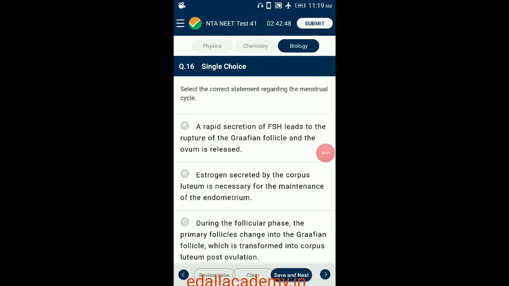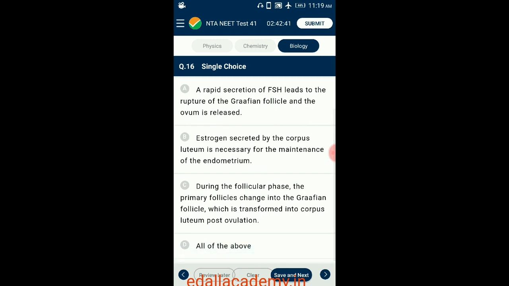Question number 16. Select the correct statement regarding the menstrual cycle. Here four statements are given regarding the menstrual cycle. During the follicular phase, the primary follicles in the ovary grow to become fully mature Graafian follicles, and simultaneously the endometrium of the uterus regenerates through proliferation.